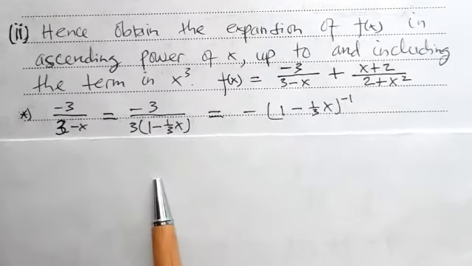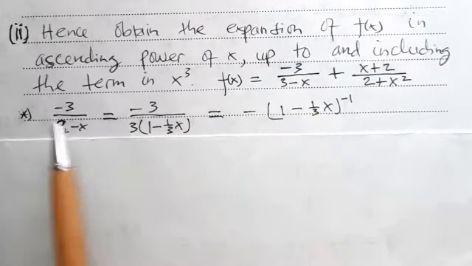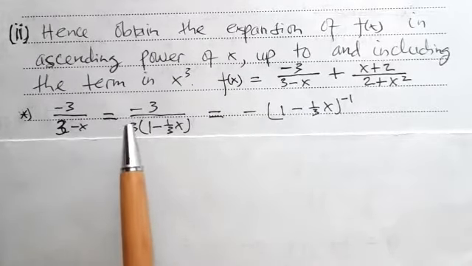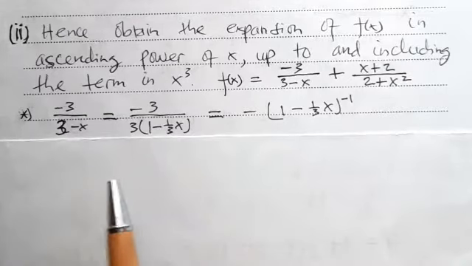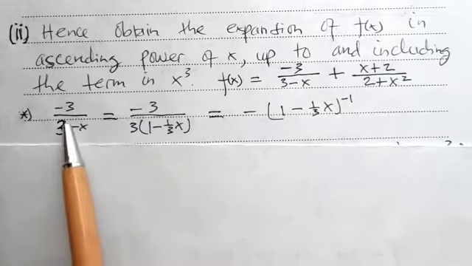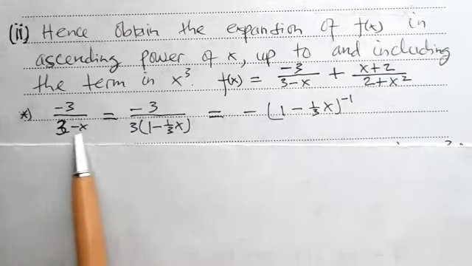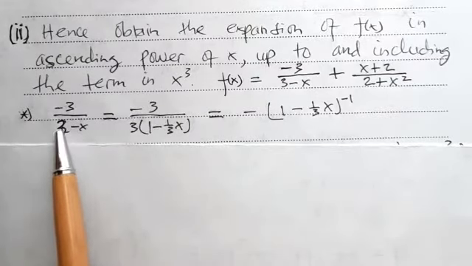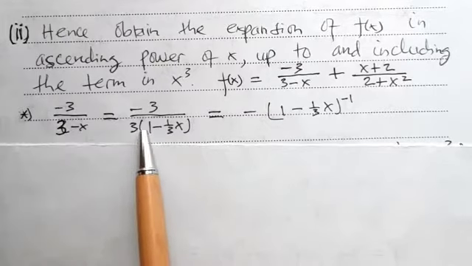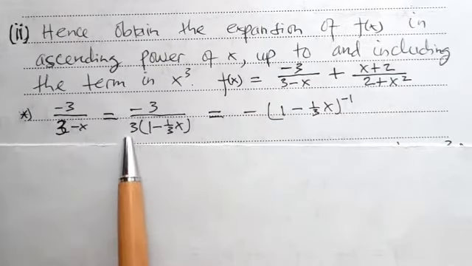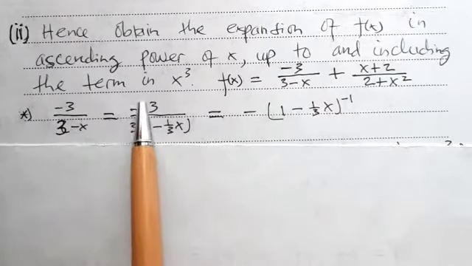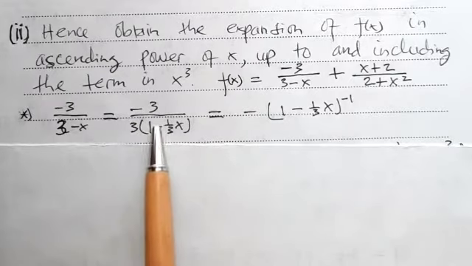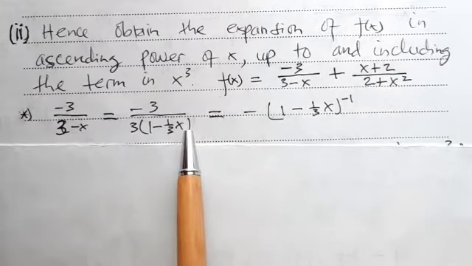The first fraction, minus 3 per 3 minus x, we will use binomial expansion here. The leading term of this denominator has to be 1, that is why we factorize this one. We put 3 out of the brackets, thus minus 3 per 3 times 1 minus 1 over 3 x.